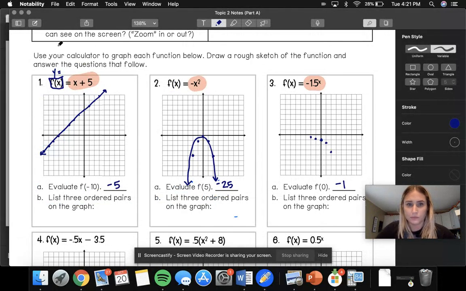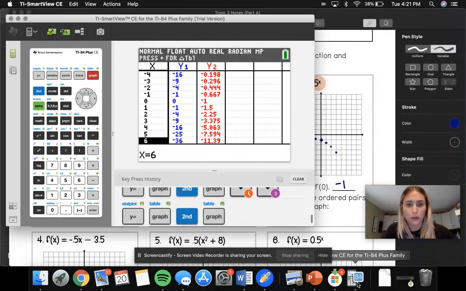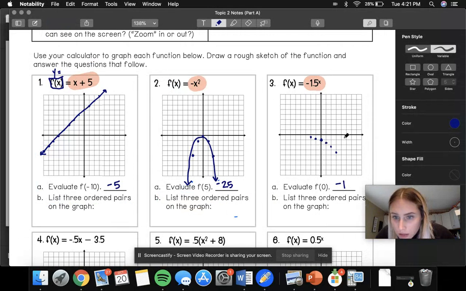Whoopsie. 2.25, 3.37. 4 is negative 5.06 here. And 5 is negative 7.75, something like that. So again, this is a rough estimate. It is not perfect, but I'm just taking my table of values and making it a graph.